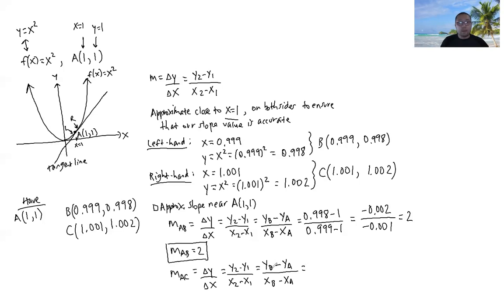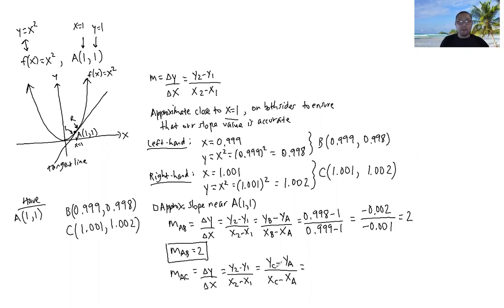Y of B, or this should be C, I apologize. There we go. Got ahead of myself. So this is going to be y of C minus y of A, because we're finding the slope between A and C, not A and B, divided by x of C minus x of A.